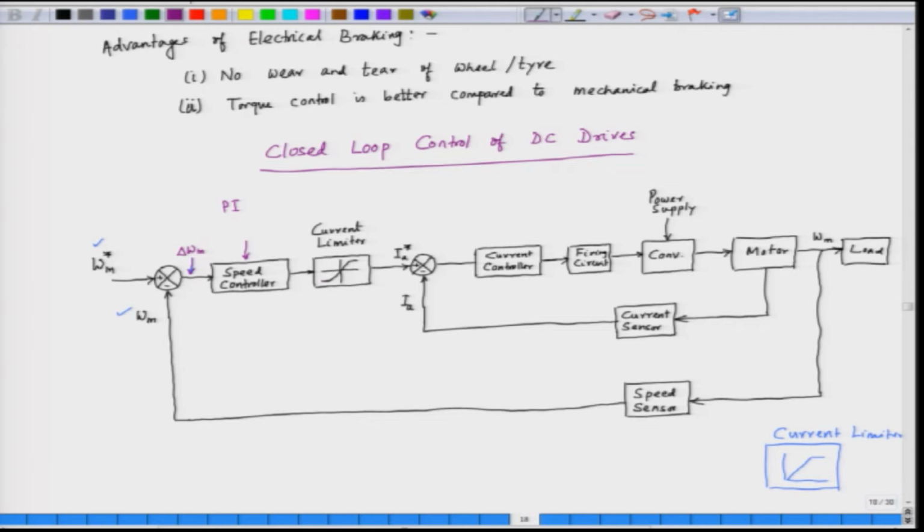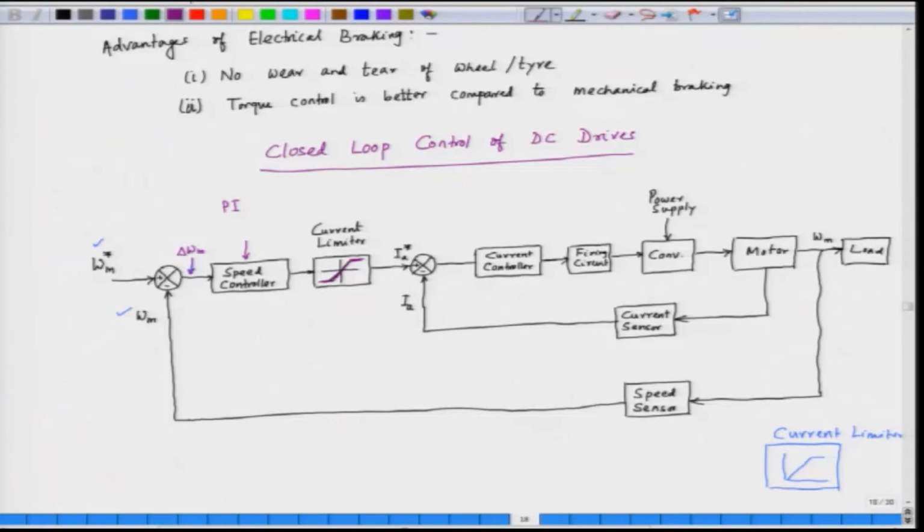So, the current limiter limits the value of the current to a positive limit and also to a maximum negative limit. So, the current is well within the capability of the motor. A DC motor can take approximately 3 times the rated value of the current for a short time. So, the current limit is sometimes 1.5 to 2 times the rated value of the motor current.